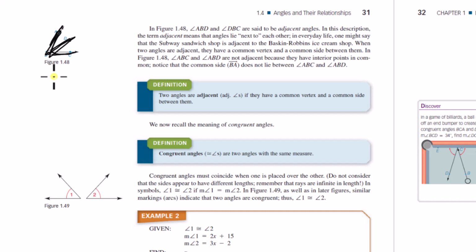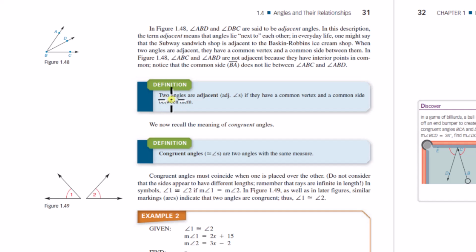They share common interior points. Adjacent angles don't share any interior points, but they share a common side and a common vertex. They're not mixed in with one another. They're two distinct, separate angles, but they have to share a common side and a common vertex.